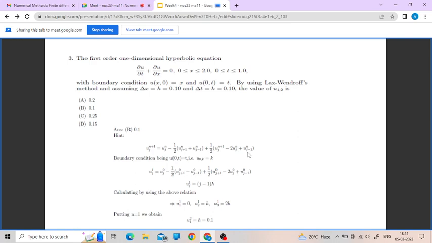Then you need to find what will be the truncation error at this point. Fine.